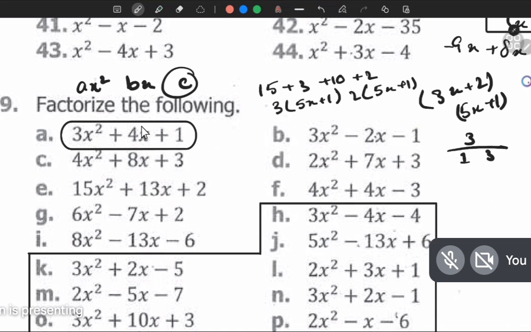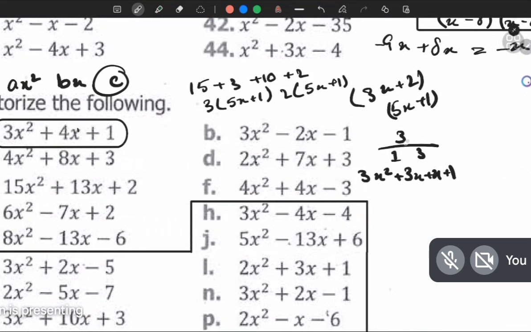So can you use 1 and 3 to make 4? Yes, right? So can we write this as 3x square plus 3x plus x plus 1, right? So here can we take something common from these two? क्या ले सकते हैं common? 3x common ले सकते हैं.